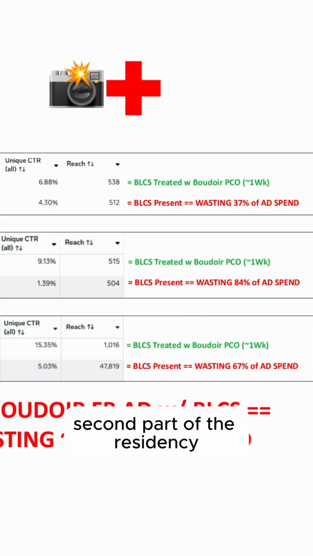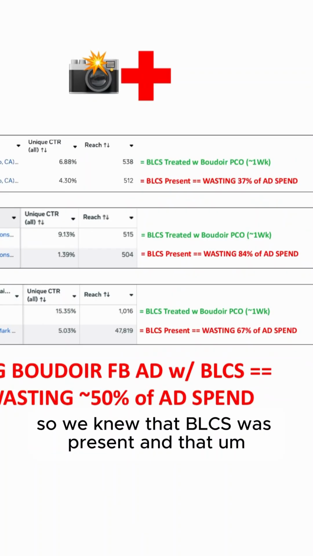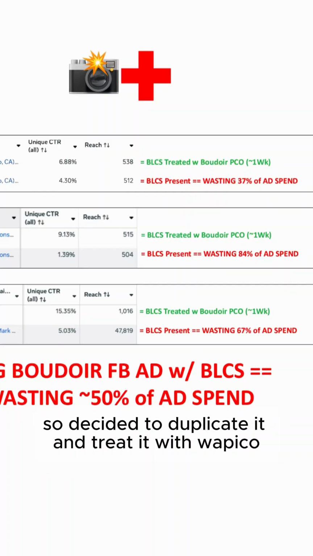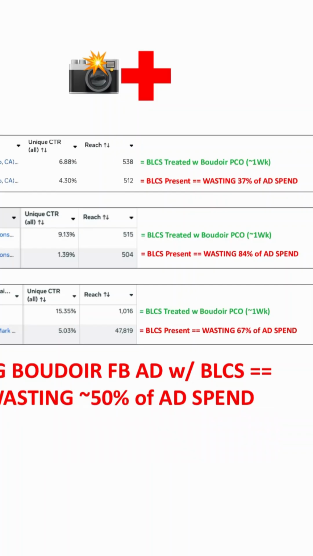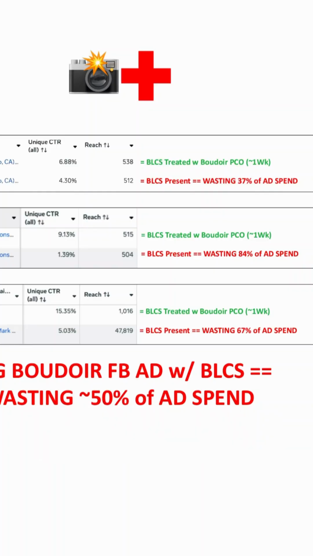Second part of the residency, found a Boudoir Facebook ad that had 1.39% unique CTR. So we knew that BLCS was present, and decided to duplicate it and treat it with Boudoir PICO. It takes about a week. I got the unique CTR up to 9.13%.